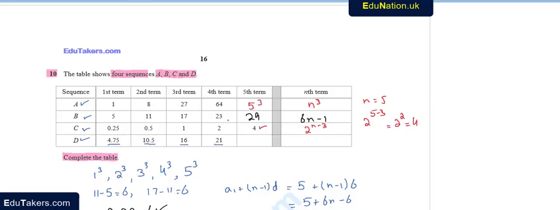So similarly 29 minus 4 is 25. And in this way we can find its nth term, which is 6n minus 1 minus 2 raised to power n minus 3, by using b minus c equals d.